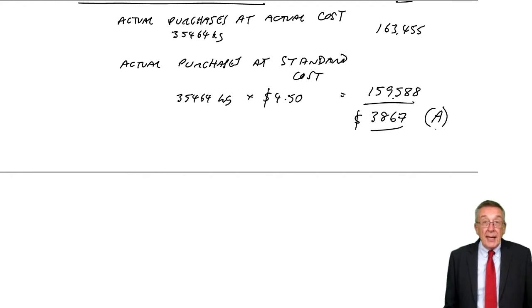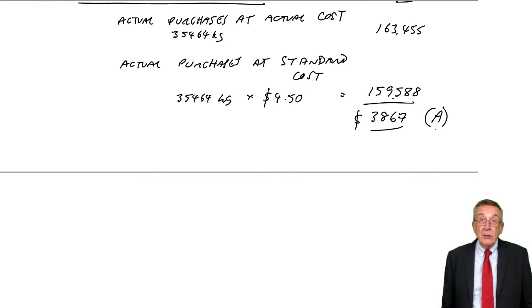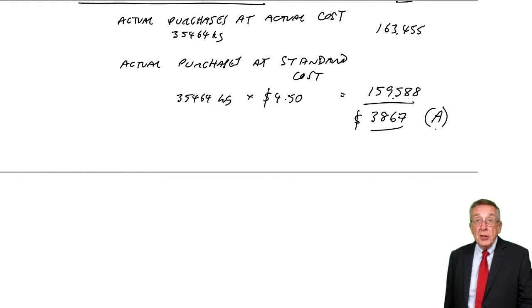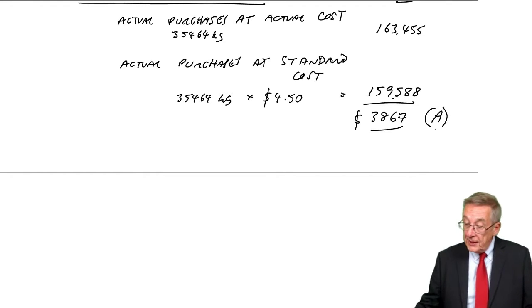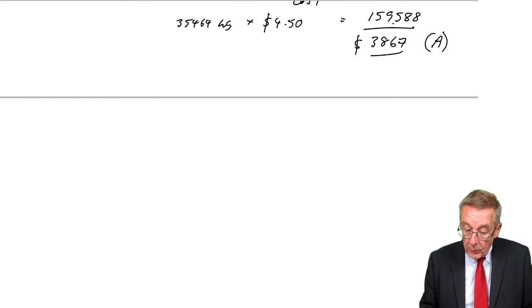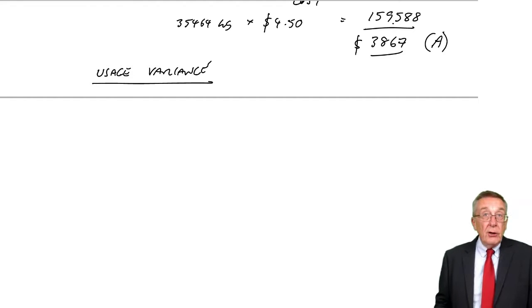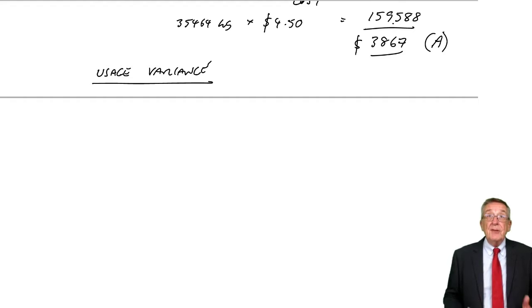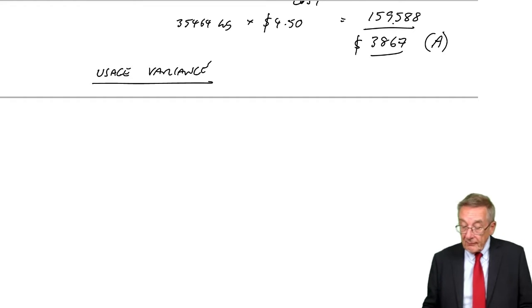But the other thing we need to look at is, even if we had paid the right price, $4.50, did we use the right quantity? It should have been 4 kilos per unit. To check on this, we look at what we call the materials usage variance. Here all I care about is, did we use more or less than we were supposed to?